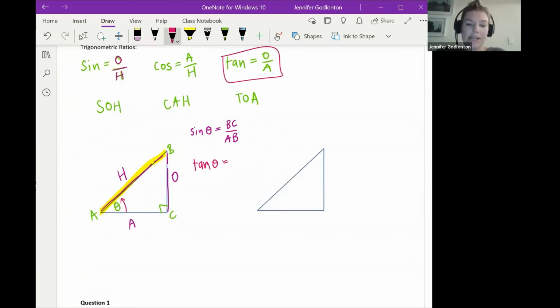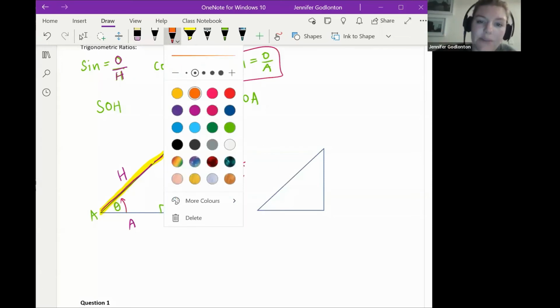What over what would be tan theta? Good. Opposite over adjacent, and my opposite is BC, and my adjacent is AC. Beautiful, guys.